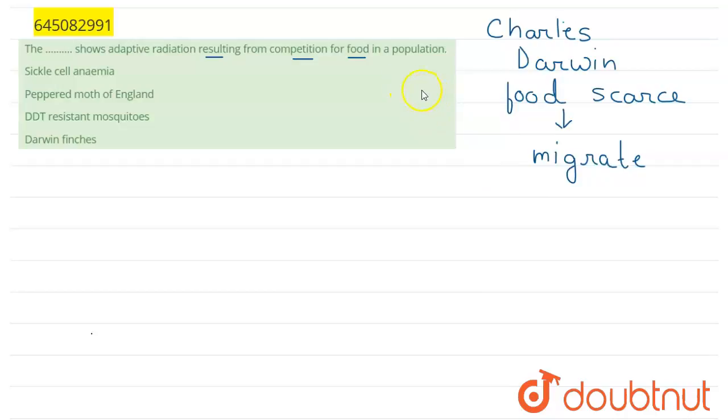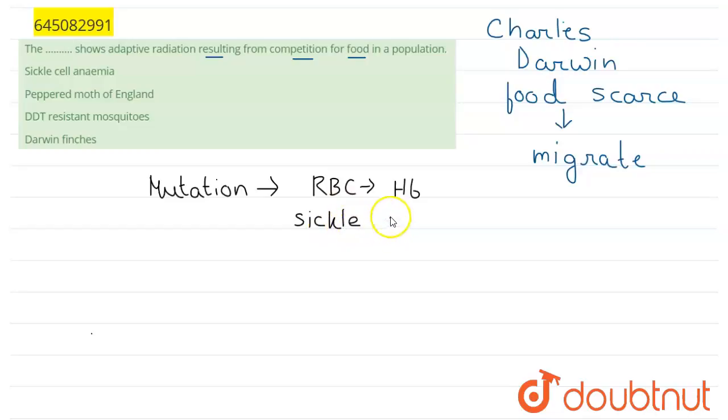Now here the options given are sickle cell anemia, the first option. Sickle cell anemia is a genetic disorder and it happens because of mutation. This does not happen because of competition in food. Here the red blood cells, the RBCs, which contain our hemoglobin, become sickle shaped, which is not the normal shape for the RBC.